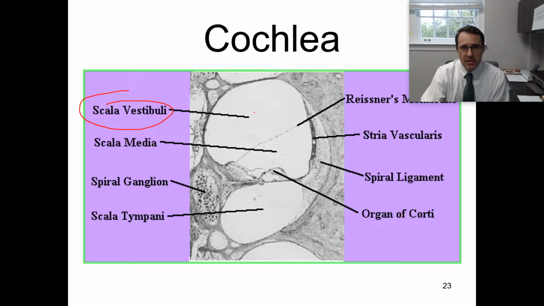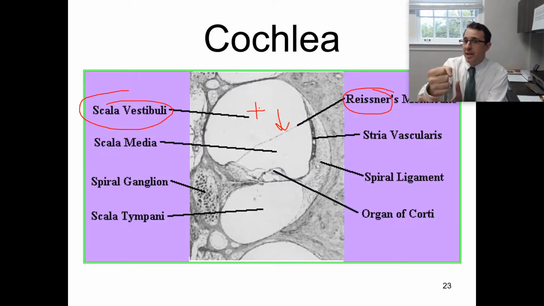So positive pressure happens here when the stapes pushes in on the oval window, and that pushes down on this membrane that is between the scala vestibuli and the scala media, and that is called Reissner's membrane. So the positive pressure of the stapes pushing in on the scala vestibuli pushes down on Reissner's membrane.